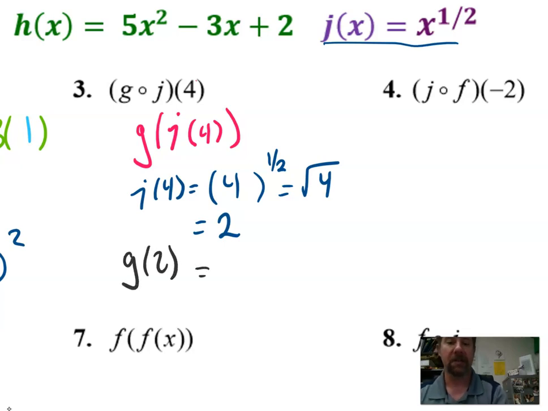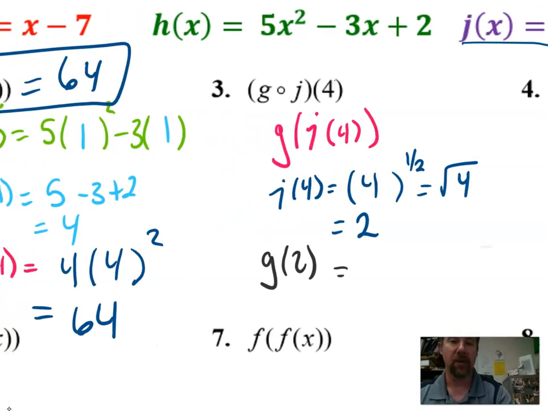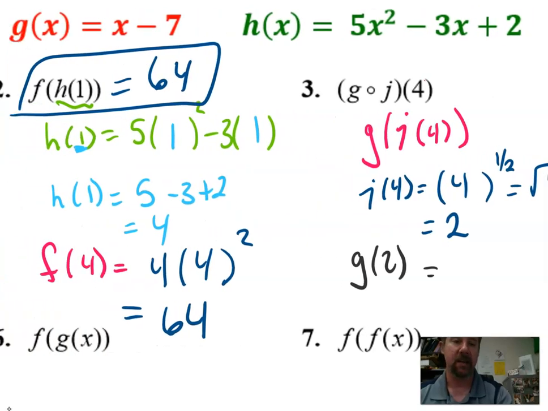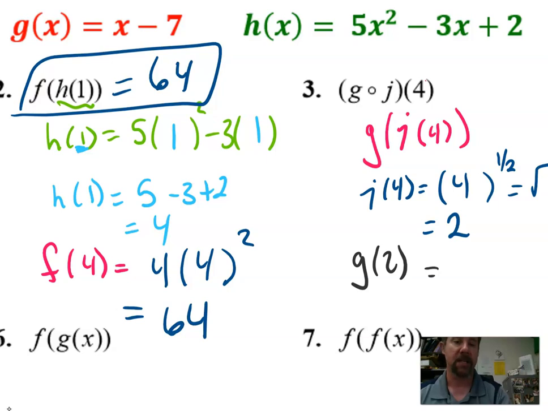My g function was x minus 7, so this is x minus 7, and we're plugging in 2 for the x. So 2 minus 7 is negative 5. See? Not too bad today. g of j of 4, or g open circle j of 4, is going to be negative 5.